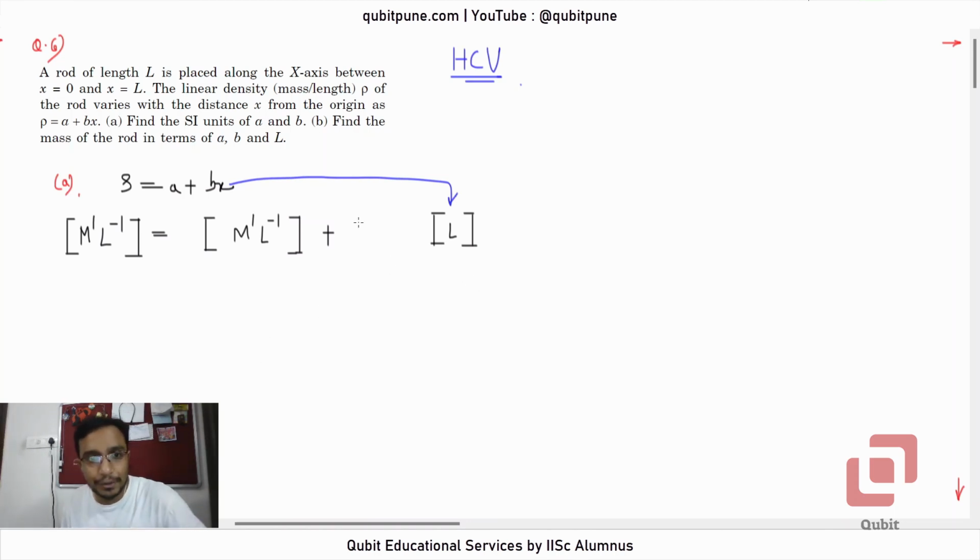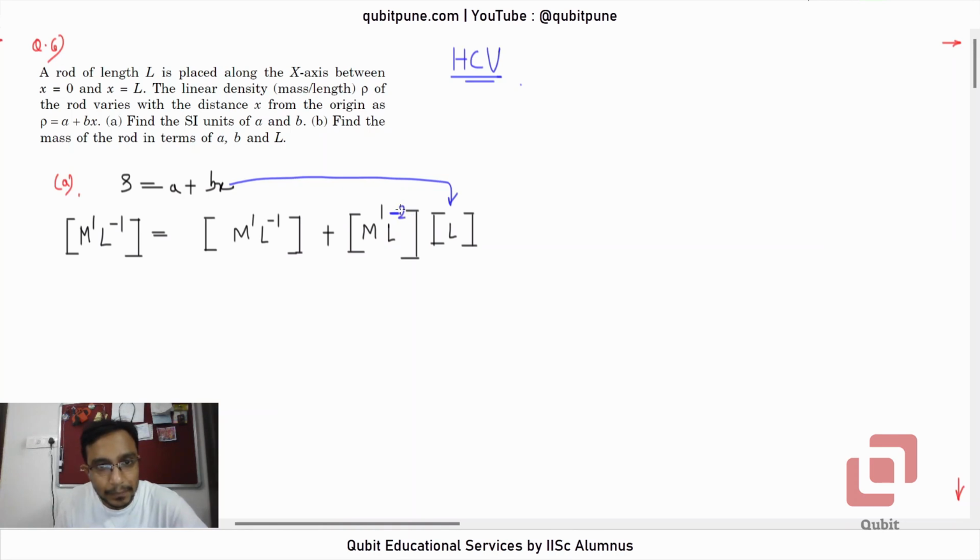So what should be the dimensions of B? Anyone? It has to have dimension of mass 1. But what has to be its dimension or power of L here? To make the equation dimensionally homogeneous, what should be the power of L? Negative 2. Correct.